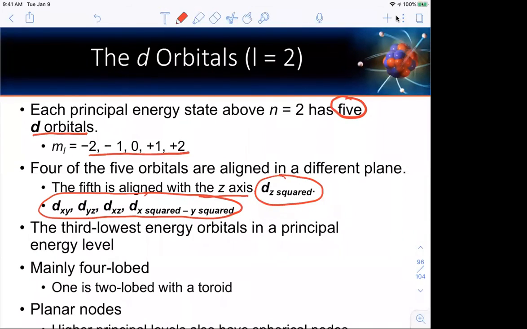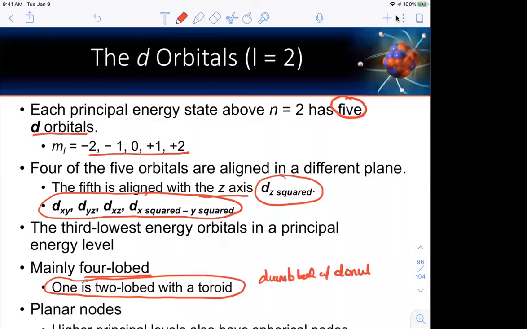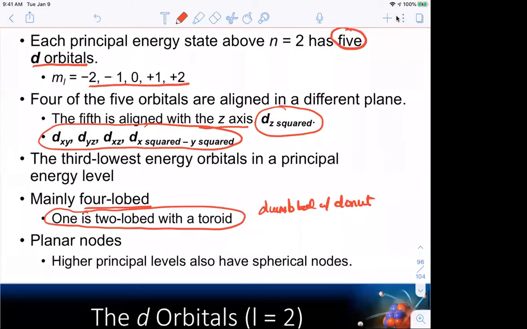These are the 3rd lowest energy orbitals I have. They're higher than s, higher than p, but lower than f. They have 4 lobes, but I have this one special one, which I like to call a dumbbell with a donut. This is 2 lobes with a toroid.